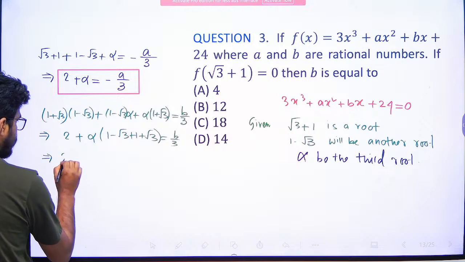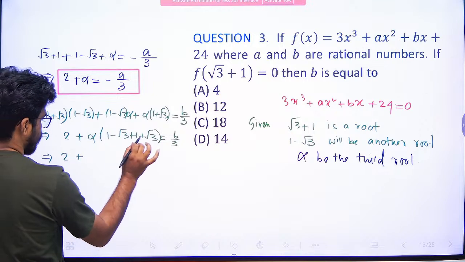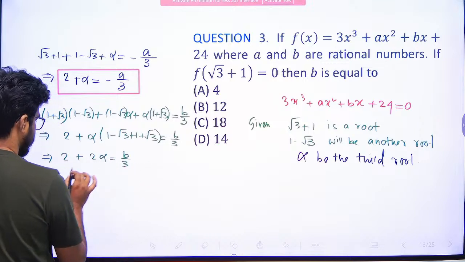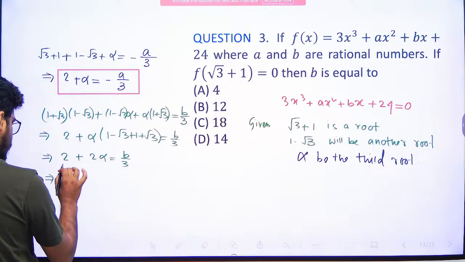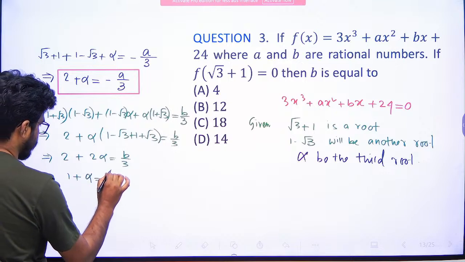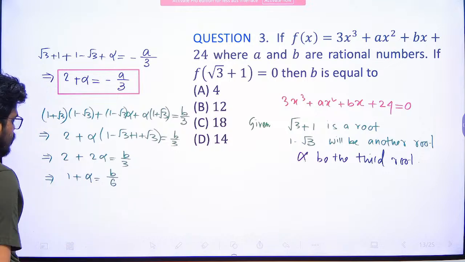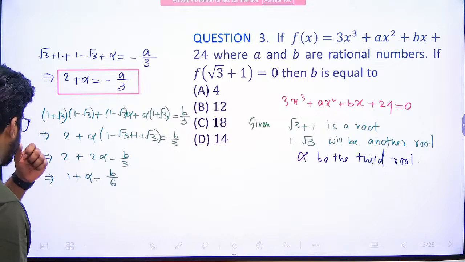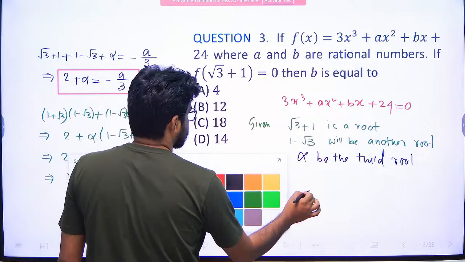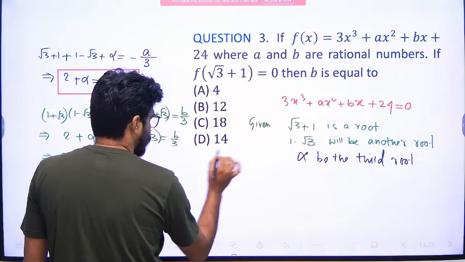So this implies 2 plus 2 alpha is equal to b by 3. That means 1 plus alpha is equal to b by 6, right? Okay.